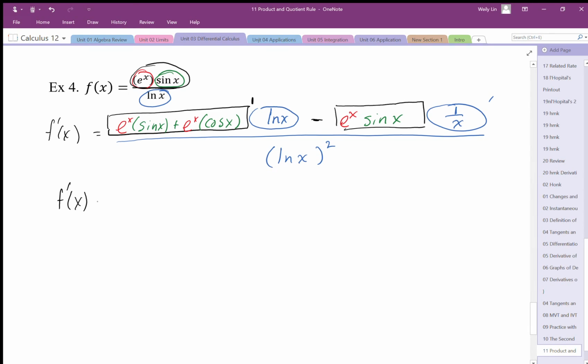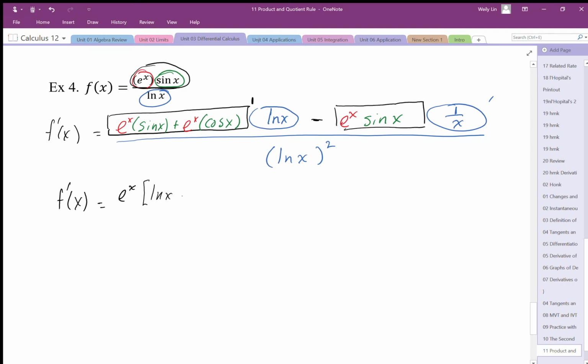Now, for the most part, I'm more interested in this because now we can use this to find slope. The simplification part is kind of secondary, but as you go into university calculus, that actually becomes much more important, so make sure that you are able to do these simplifications.